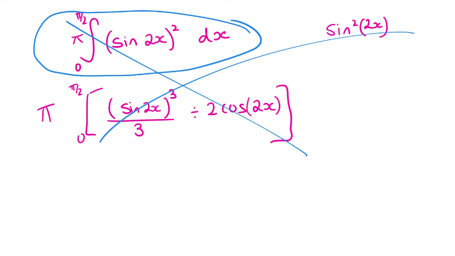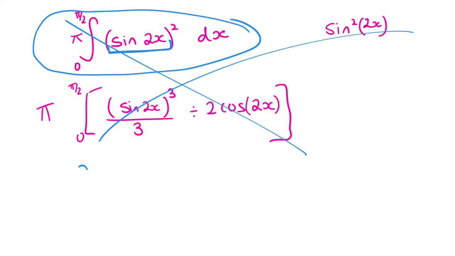We're not allowed to integrate trig functions like this. We know that this is a double angle formula, so we have to change this now. Please watch out. Now that you've seen this mistake happen in real life, are you ever going to make it again? No. So what are we going to use instead of sine squared of 2x? Cosine?